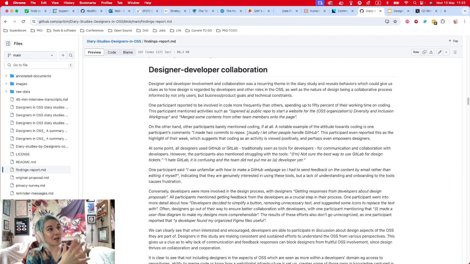There's a bit of the implicit part of the designer developer collaboration, which is that the space where the open source software is hosted, usually the repository or somewhere where the code is, isn't always explicitly guarded as a developer only space, and often is talked about as not being a developer only space.